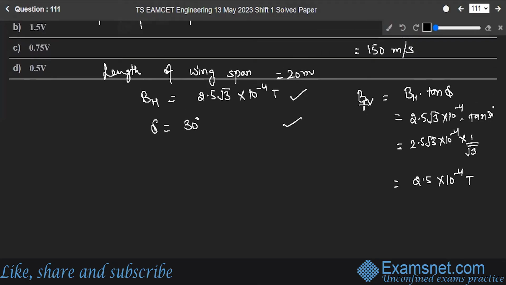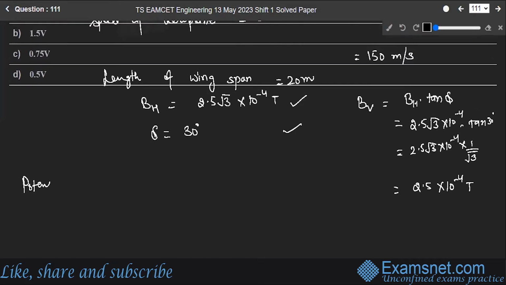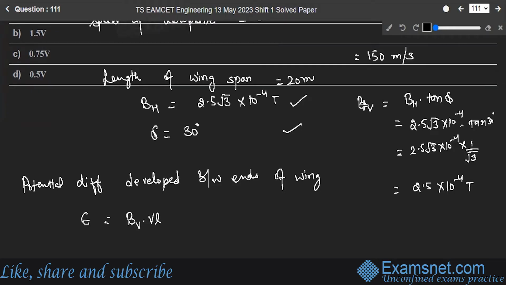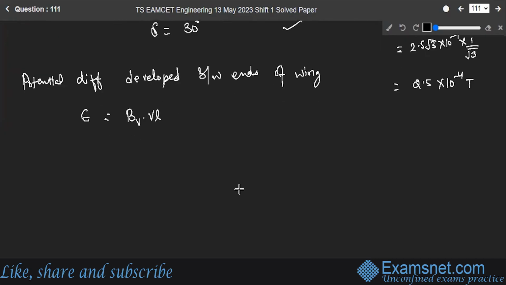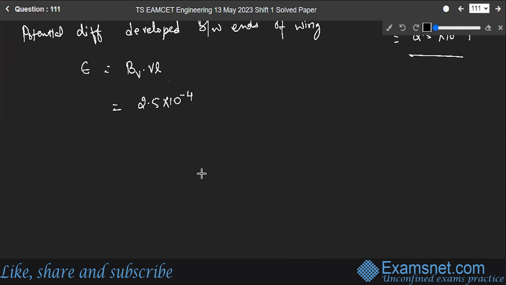Now, you have to find out in the question the potential difference developed between the ends of the wing. Right. So this is given by B V L, and B we just calculated: 2.5 into 10 raised to power minus 4. Let's check once. Yes, 2.5 into 10 raised to power minus 4.